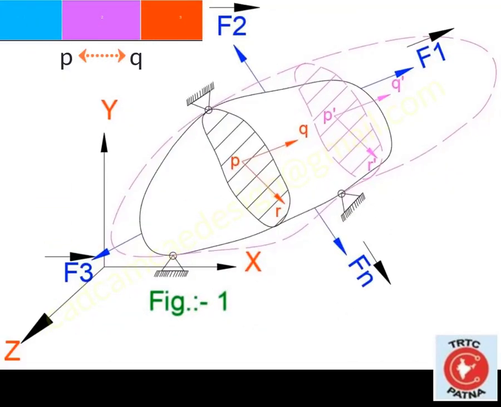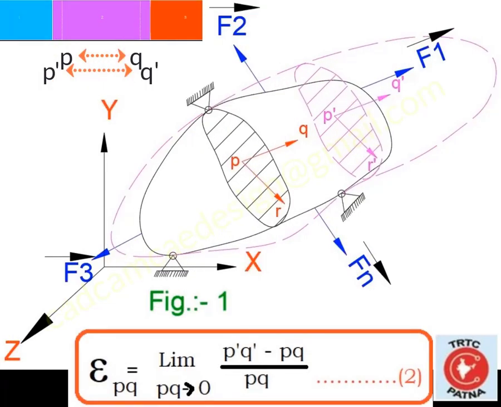By analogy with the definition of stress at a point, a more precise definition of normal strain can be given with the help of a limiting process. Then we have the normal strain at a point P in the direction of PQ shown in figure 1 as strain PQ equal to limit PQ tends to 0 of P dash Q dash minus PQ divided by PQ, where PQ is a small line segment in the undeformed geometry which occupies the position P dash Q dash in the deformed geometry.